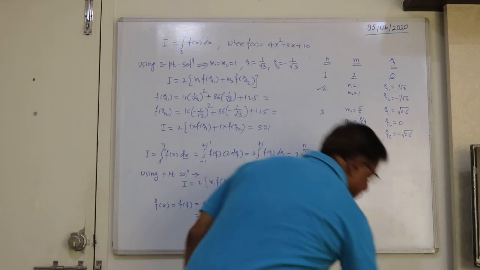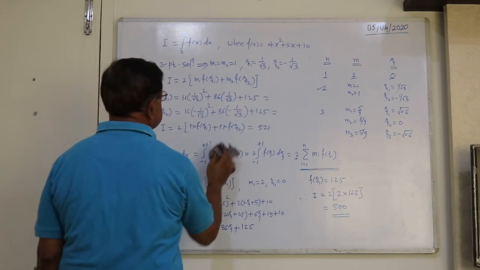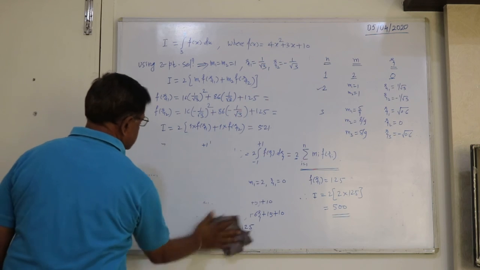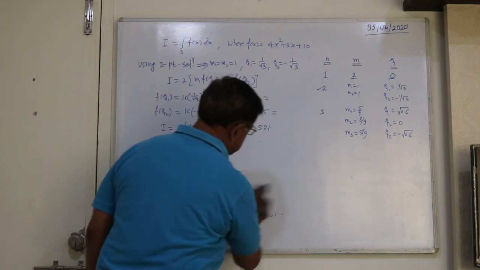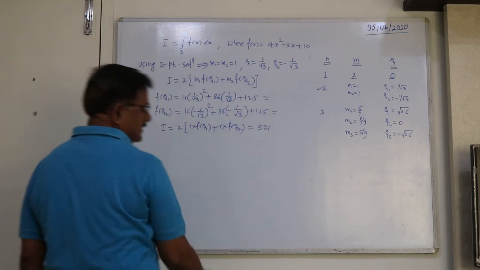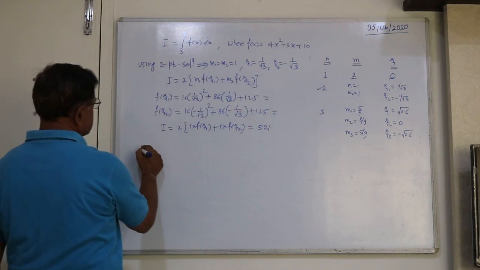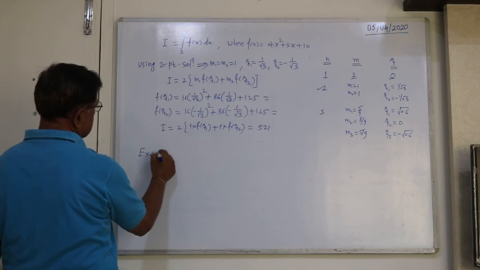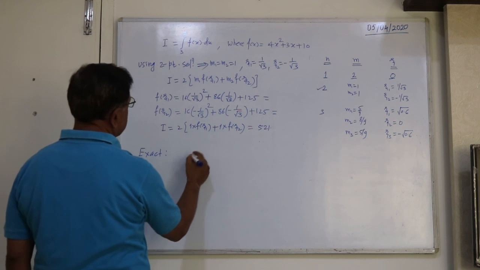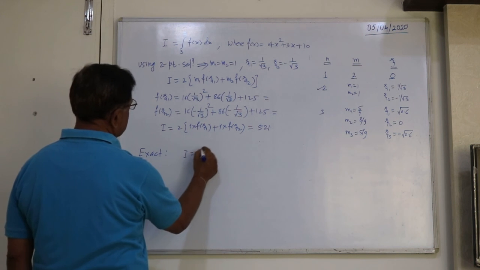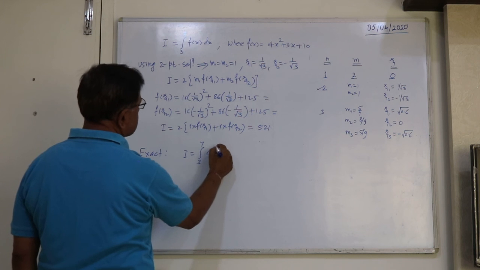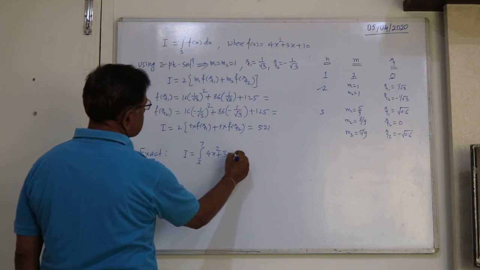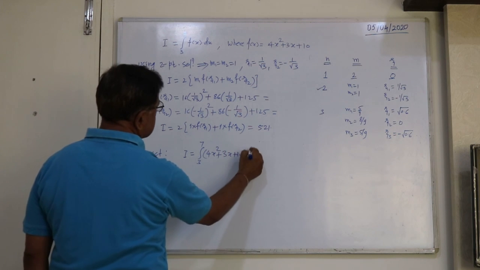Even the exact answer you can work out, and you can compare both the 1-point solution and the 2-point solution with the exact solution. So how to calculate the exact? We have integration I equals integral from 3 to 7 of 4x squared plus 3x plus 10 dx.